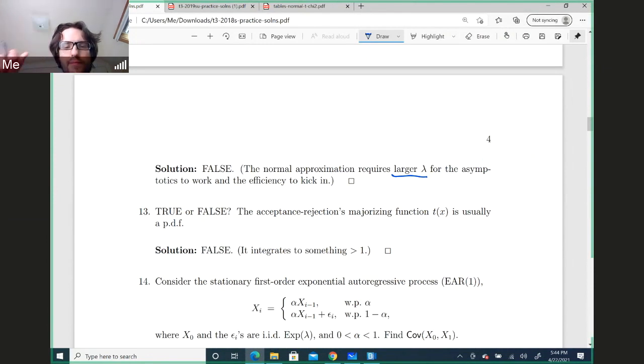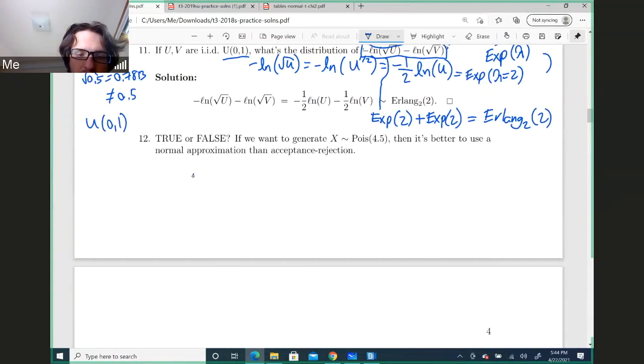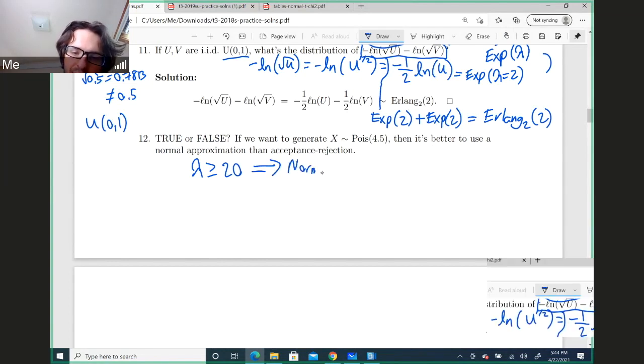Specifically, the rule that you want is that if lambda is above 20, then normal approximation is okay.